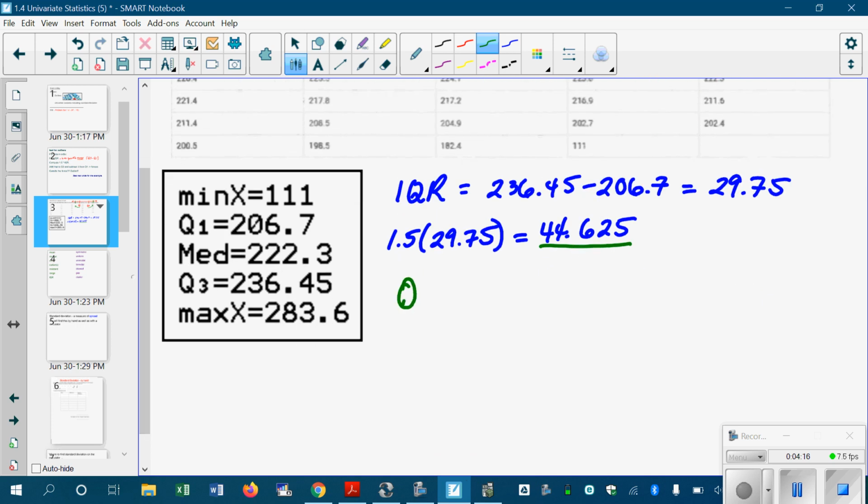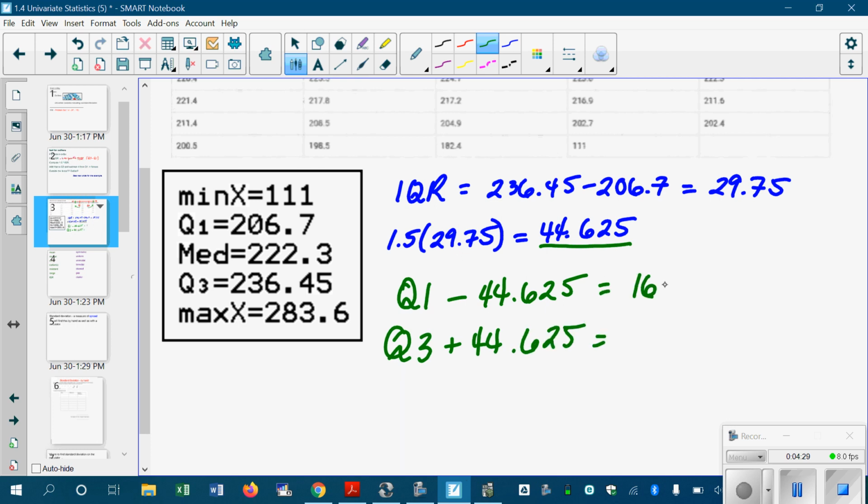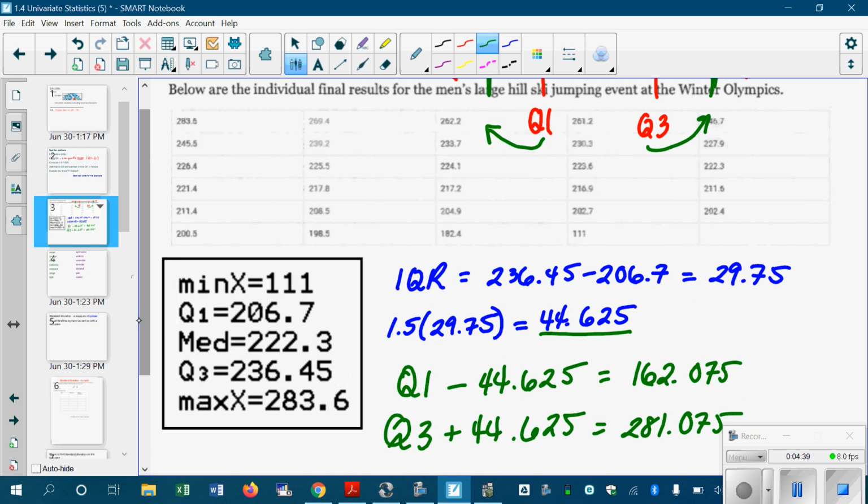So I'm going to take the Q1 value and subtract 44.625, and I'm going to take Q3 and add 44.625. When I do that, the two values I get are 162.075 and 281.075. So those are what we would call the fences.